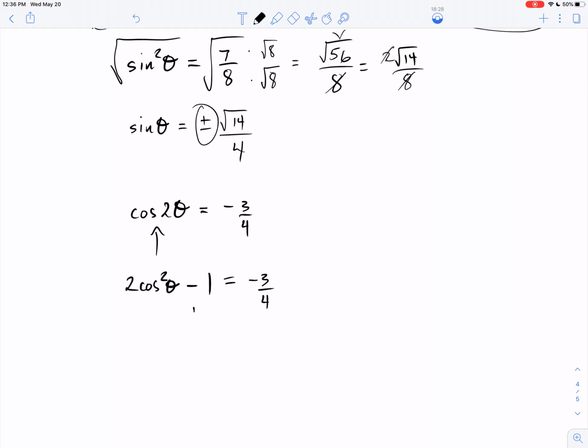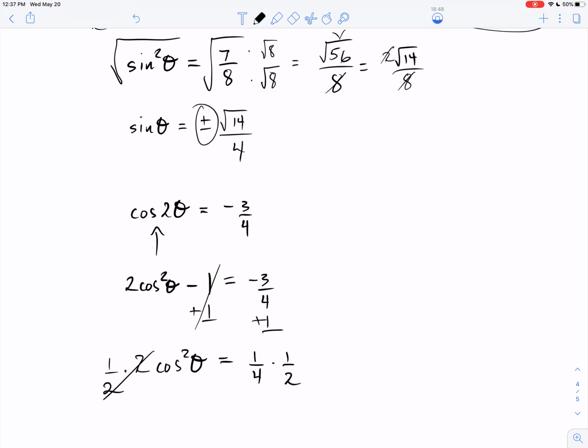I could then do a very similar thing. What is negative 3/4 plus 1? That's 1/4, right? And then I could multiply both sides by a half.